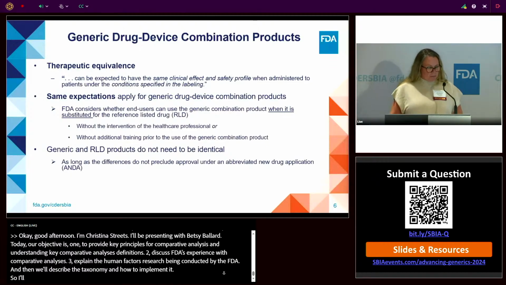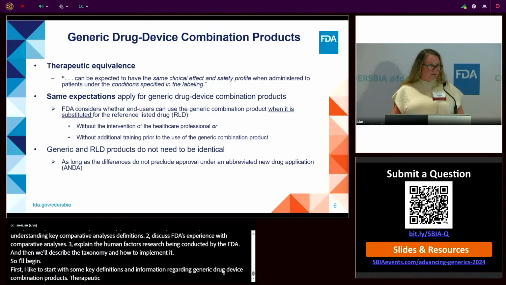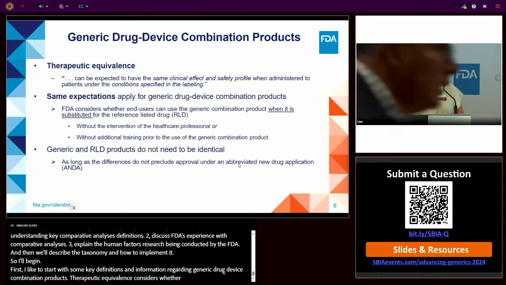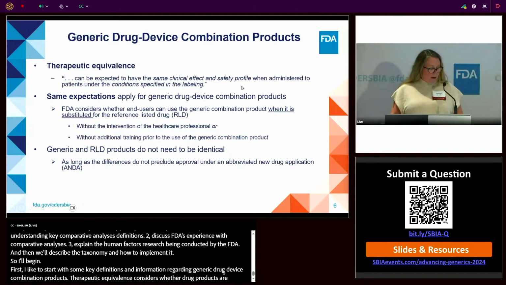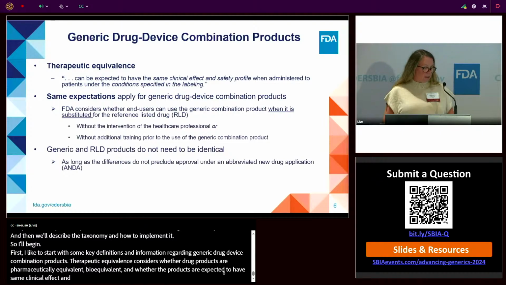First, I'd like to start with some key definitions and information regarding generic drug device combination products. Therapeutic equivalence considers whether drug products are pharmaceutically equivalent, bioequivalent, and whether the products are expected to have the same clinical effect and safety profile for the conditions of use specified in the labeling.